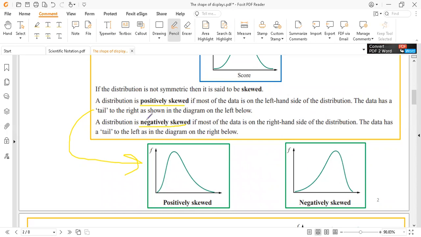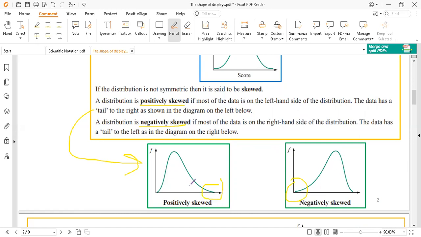We can use the tail of the data. We have the distribution of the data here, represented with the green curve. We have a tail here, so the distribution isn't symmetric, so we call it skewed.